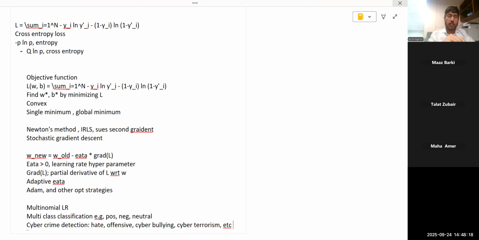So given a tweet or a message or whatever, we want to determine whether it is hateful in nature, offensive in nature, it is exhibiting bullying behavior, or it is exhibiting terrorist information. ठीक है. So multi-class classification problem.